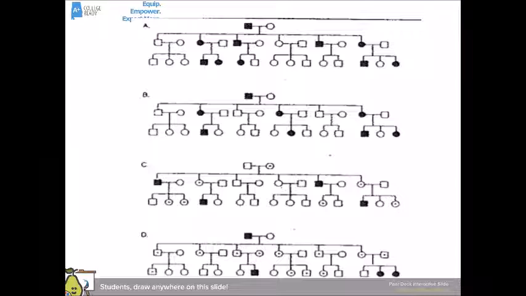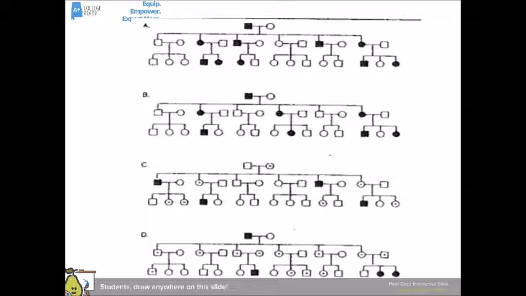So what I want you to do right now is look at pedigree A. Go to the pear deck screen and, around pedigree A, write what you think the mode of inheritance is for the trait being shown in A. Is it autosomal dominant, autosomal recessive, X-linked dominant, X-linked recessive, Y-linked, or mitochondrial?